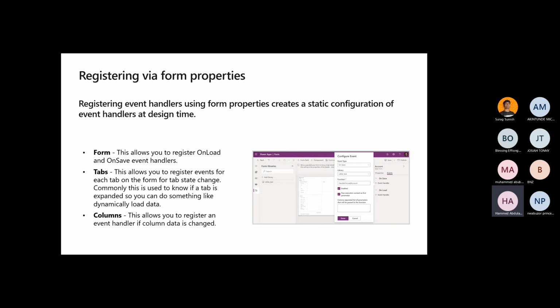At the form level, you want to apply this on load or on save. At the tabs level, it can display or hide the tabs, or display a tab based on specific scenarios, right? So on and so forth, right?